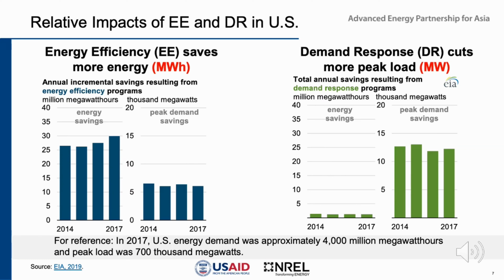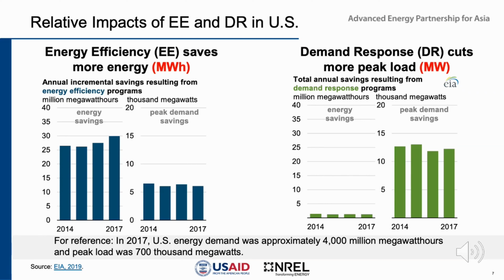Looking at the right-hand side of this slide, we see the exact opposite impact from demand response. It is very effective at saving peak demand, but has very modest impacts on energy savings overall.